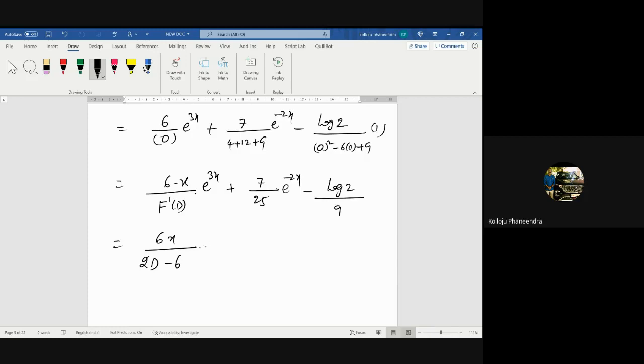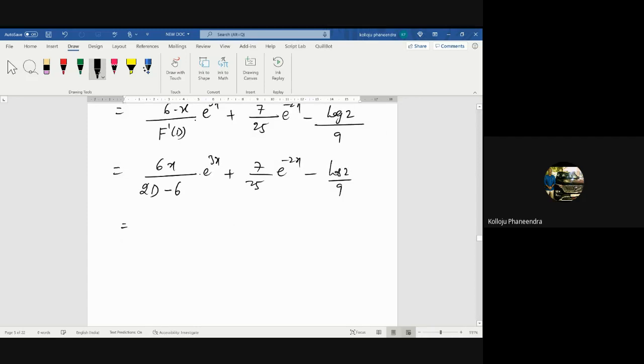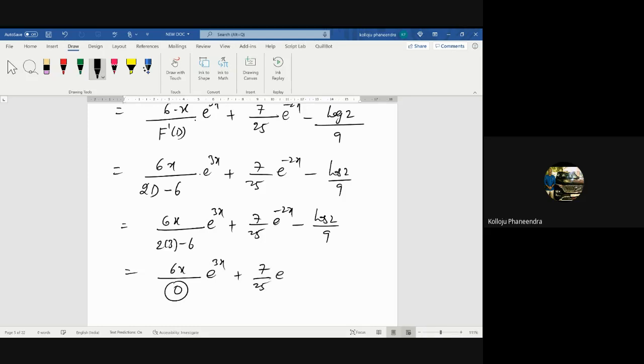Replacing D by 3, 2 into 3 minus 6 is again 0, so 6 by 0 e power 3x plus 7 by 25 e power minus 2x minus log 2 by 9.